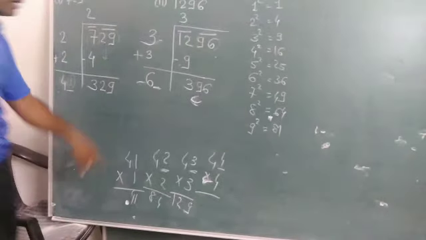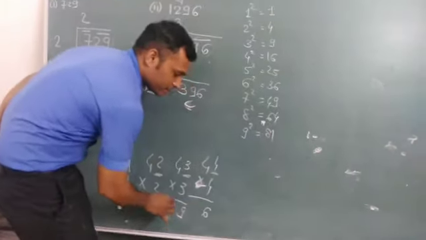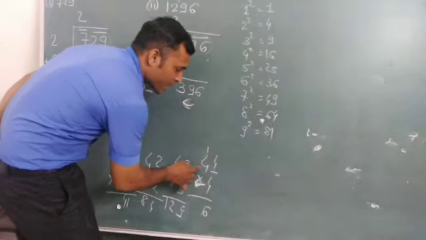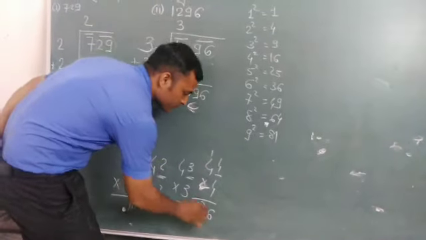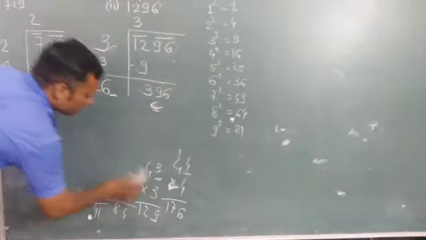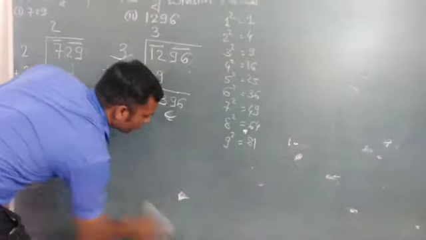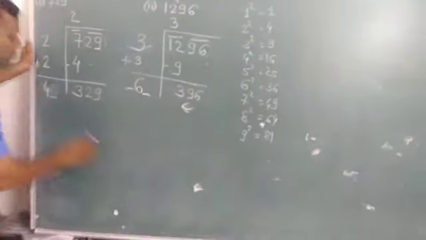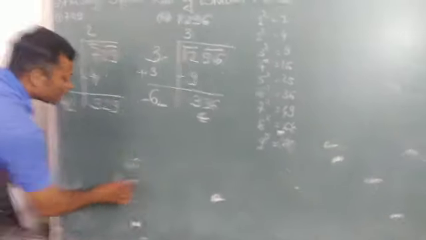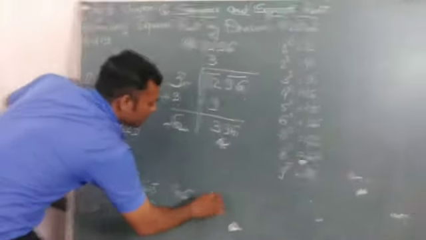Now 4 4s are 16 and 1 is 17. Okay, this is not possible. Now put 5, so 45 multiplied by 5. Put 6, 46. Put 7.